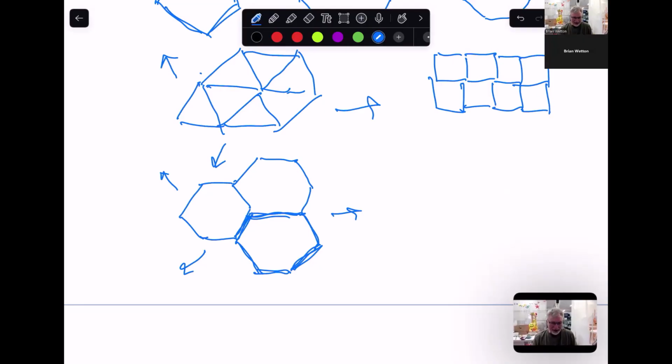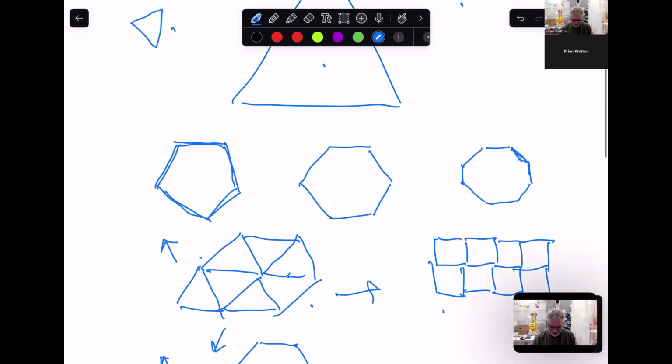The other thing I can say is 1, 2, 3. These are the only regular polygons, triangles, squares, and hexagons, that do tile the plane. There's no other regular polygon that can do that.